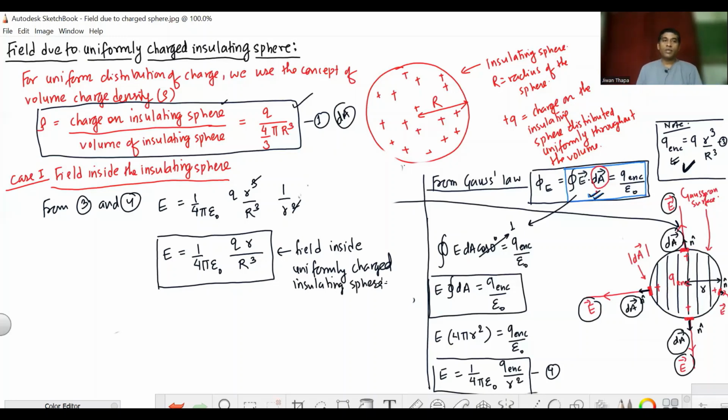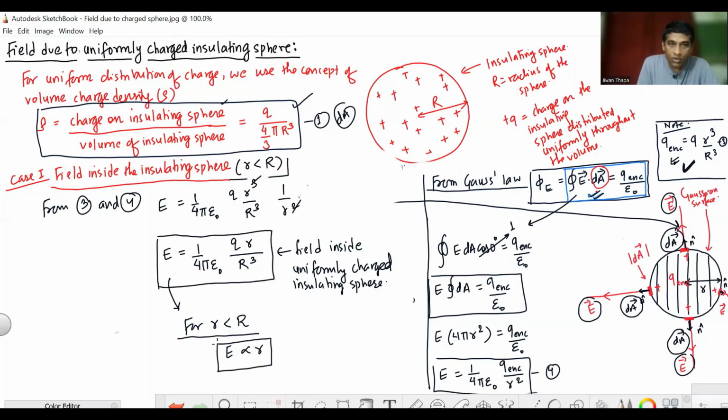What we note from this expression is that for radius of Gaussian surface less than the radius of insulating sphere, here we can write small r less than capital R, electric field is proportional to the radius of the Gaussian surface. So this is to be noted.